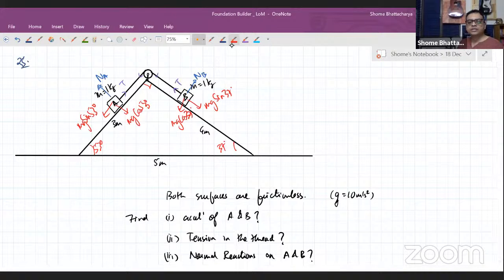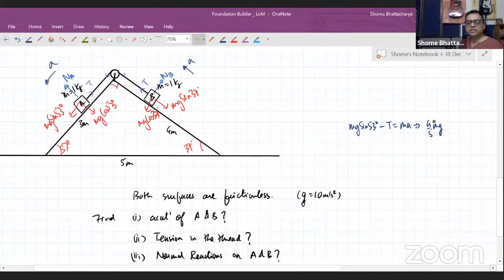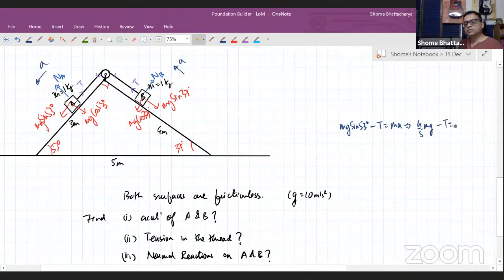Okay. Now you can see that A is on the steeper slope. So A will be sliding down and B will be sliding up. So your equations will become like this. For A, you'll have the equation mg sin 53 degrees minus T is equal to ma, or 4 by 5 mg minus T is equal to ma.